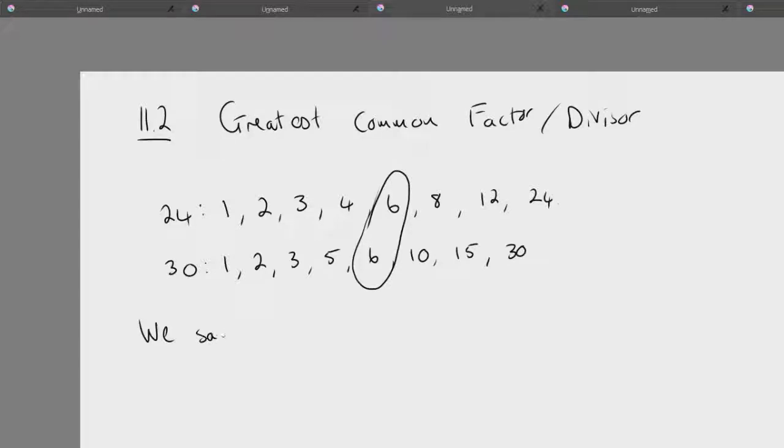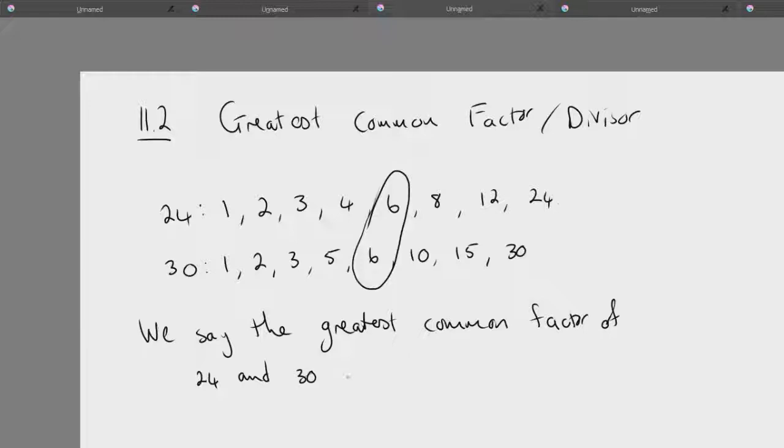And we say the greatest common factor. Now I'm just going to use factor to be consistent with our book. And I think most people say factor, but divisor is also acceptable. The greatest common factor of, you have to say which numbers you are looking at, 24 and 30, is 6.